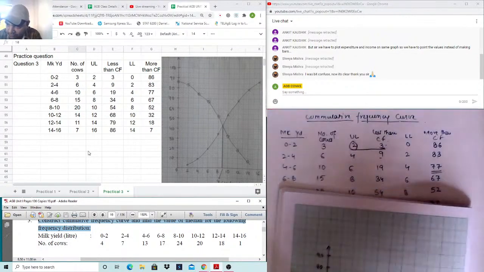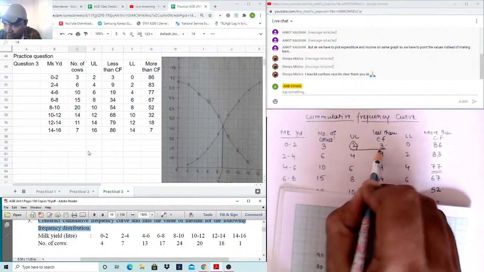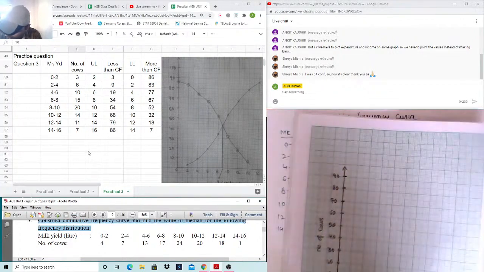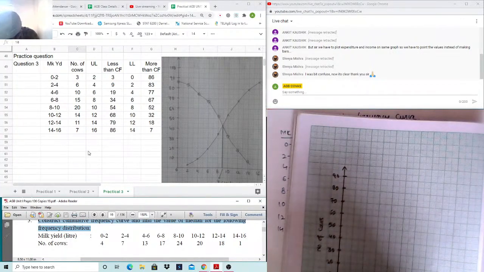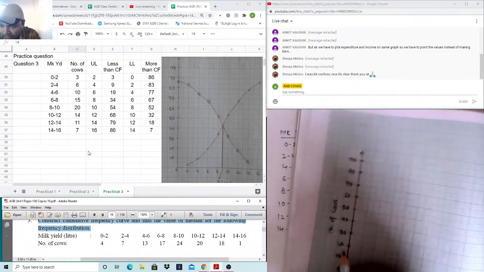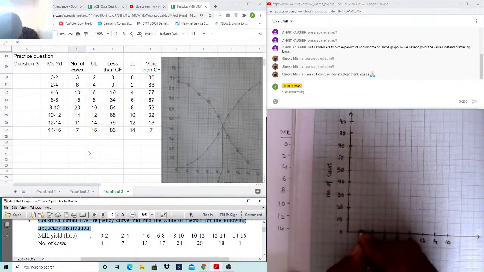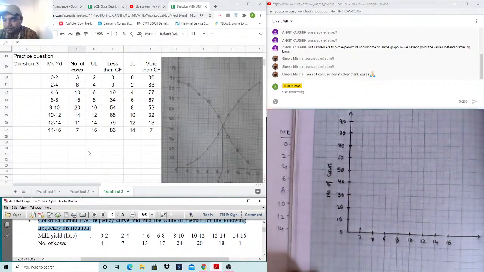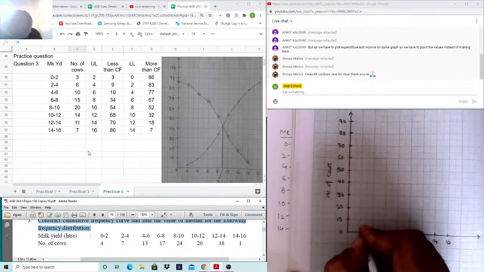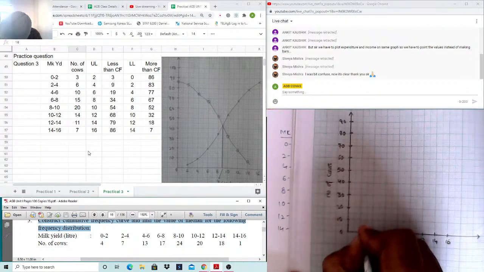Each box here constitutes 10 gradations. So 1, 2, 3. So it will be here, the first mark at 3.